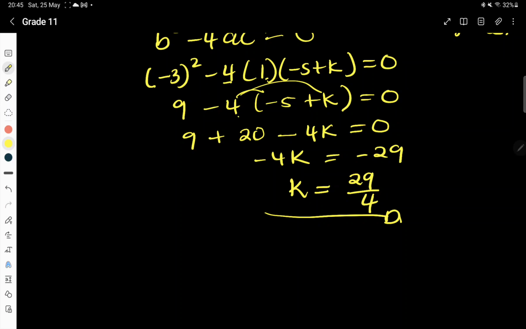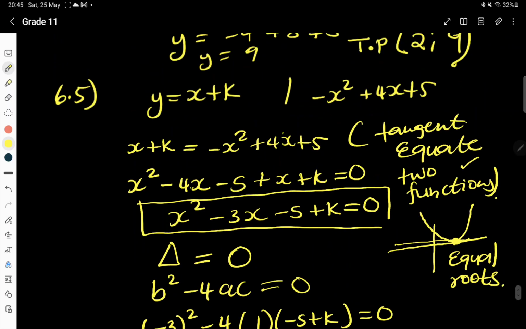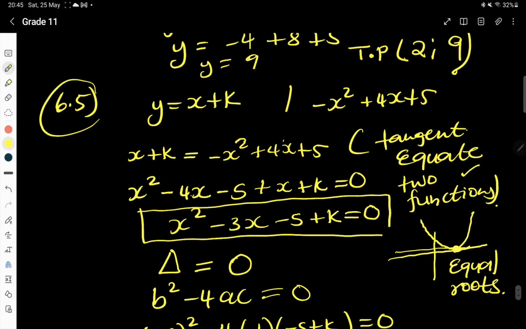Then you are done. Guys, please take note. This question is very important. They love this question, where they say find the value of k for which the line will be a tangent to the function. Just remember that for a tangent, you equate the two functions.